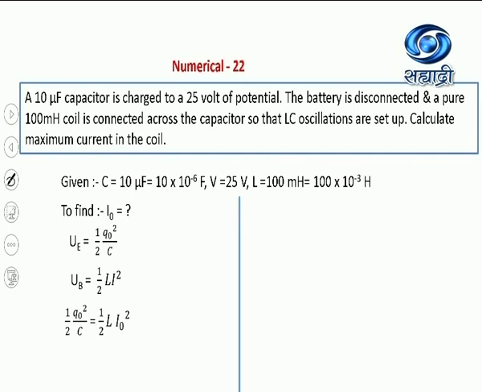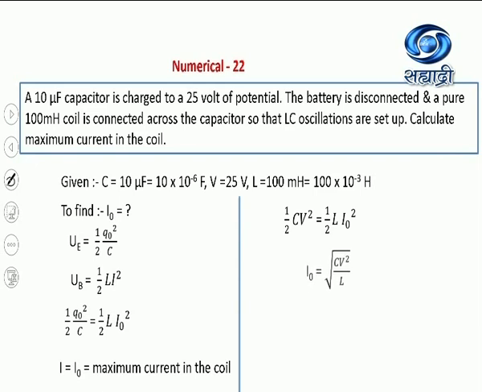So it is a total energy. Left side is electrostatic energy, right side is magnetic energy. Now current is maximum in the coil. So we have one more expression for energy in the capacitor is given by the formula half CV square, that is half L I naught square.